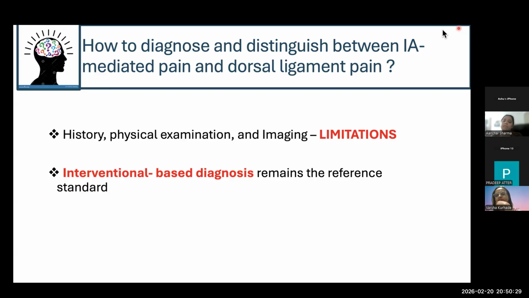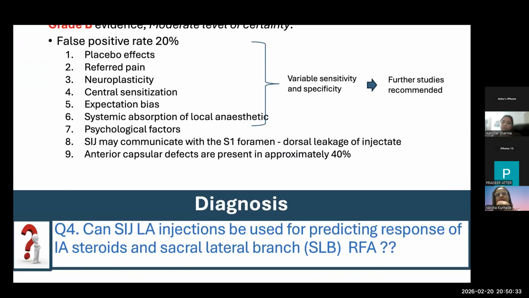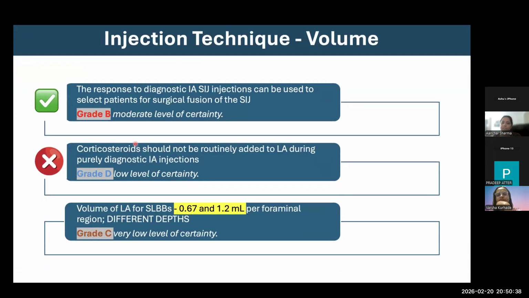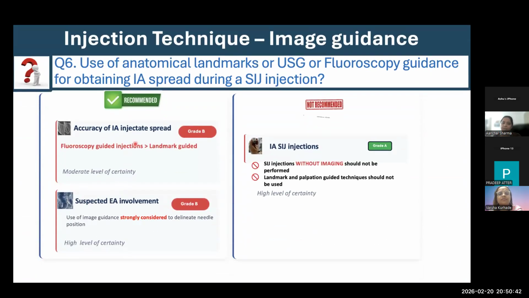Actually, in these guidelines, Dr. Anju, when she was presenting, showed that fluoroscopy is the first choice, unless it's pregnancy, because it's easier. Grade B evidence. So for SIJ, the guidelines still say use fluoroscopy, and ultrasound is user dependent as well.